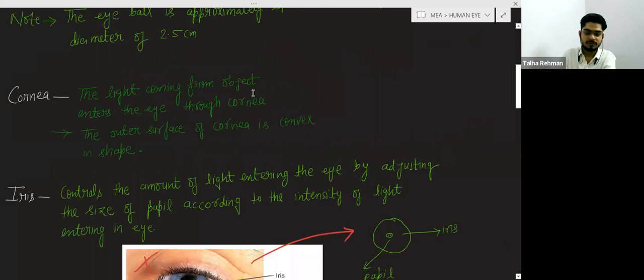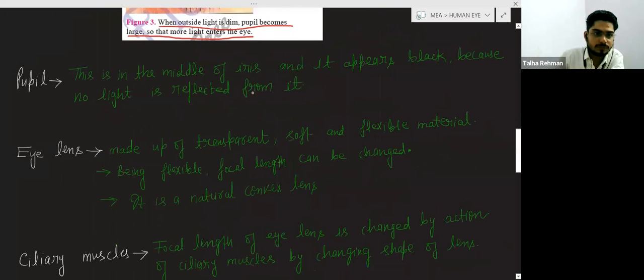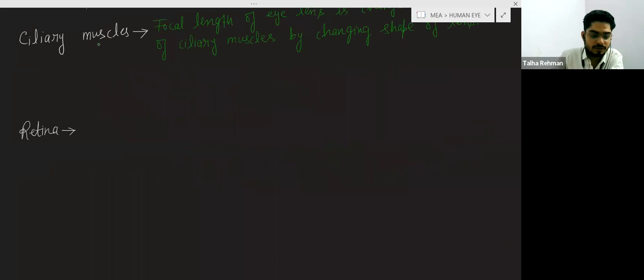So you can write, it is just like the screen or film of a camera, and the image of the object is formed at the retina.